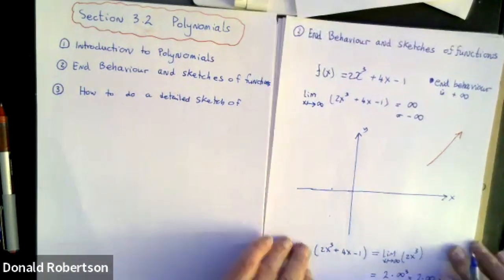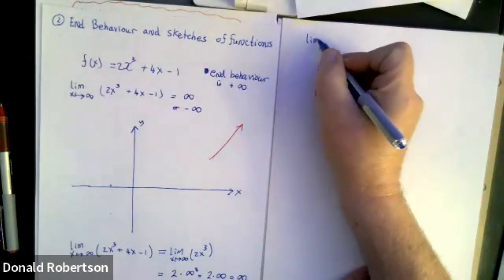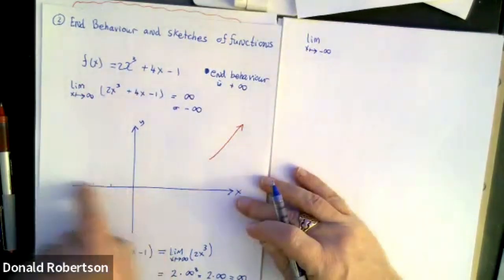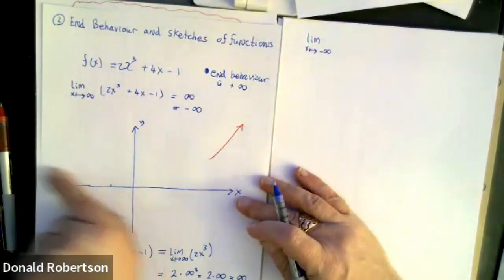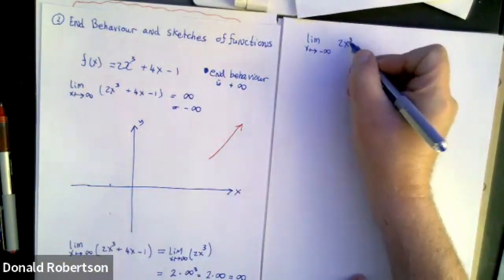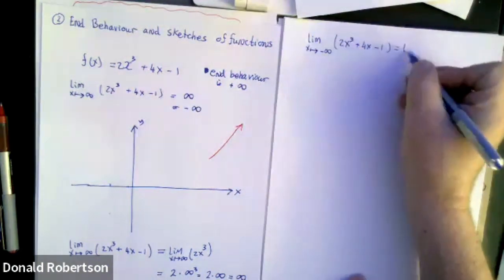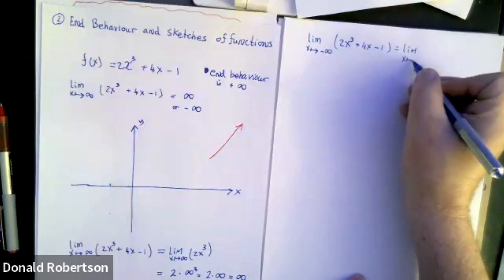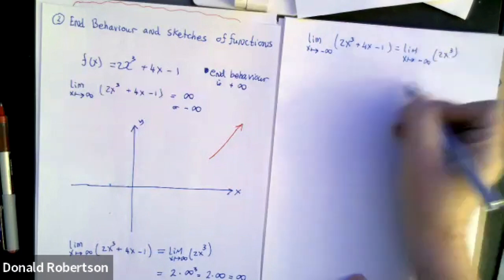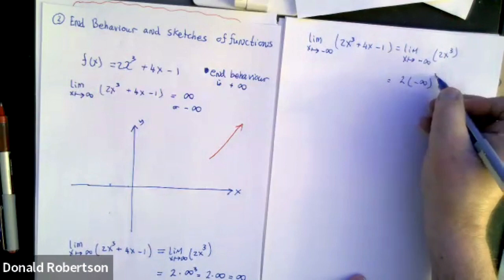Now let's go the other direction, because you can have end behavior at the other extreme. So this would be, what does this function look like going that way? Well, the limit as x tends to negative infinity of 2x cubed plus 4x take away 1 behaves the same as this guy. And that's 2 times negative infinity cubed.